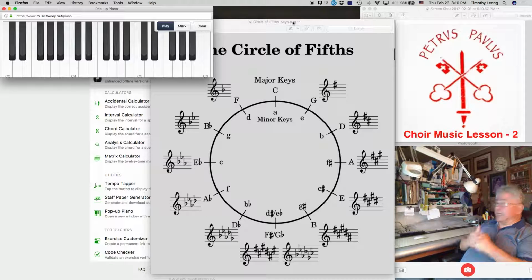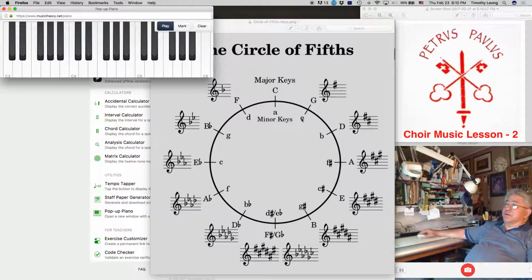Well, music is a lot like riding the bus. The circle of fifths is a map. It tells you what key you're going to sing in. So you know what bus stop you got off of and where you are. How's that for a good explanation? Nobody ever gave me that explanation. I thought of that all by myself.